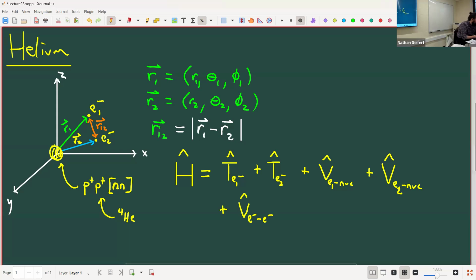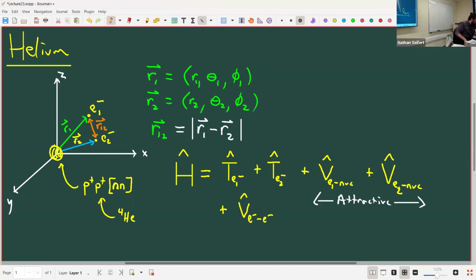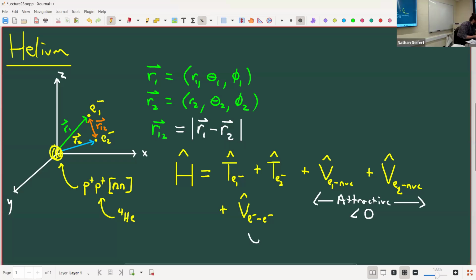Okay. So by definition, the nuclear terms are attractive, because the nucleus is positive and the electrons are negative. So that means that these are less than 0. But the electrons repel each other, right? So this is a repulsive term, and it's always greater than 0.